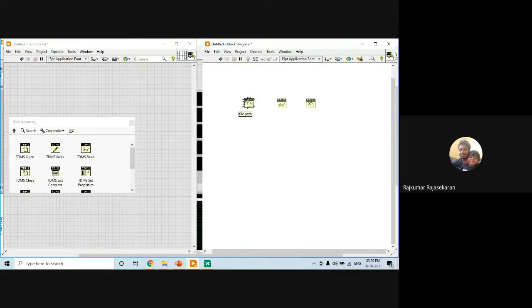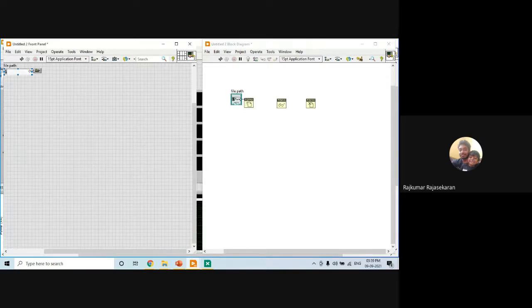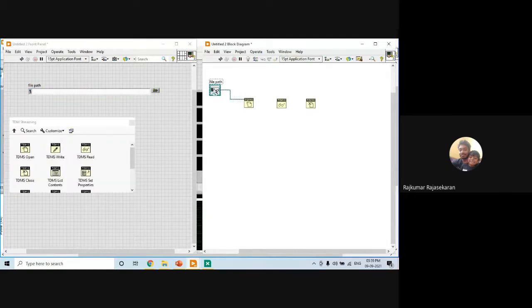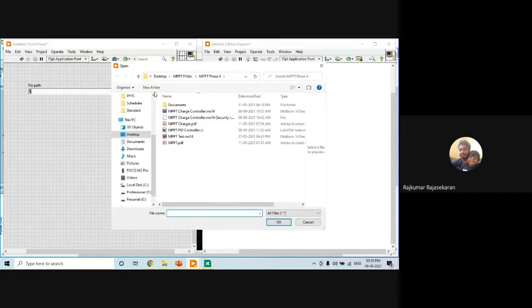What we will give here is the file path, which is available on the hard disk, and that is given as input to this function. So we can browse. I can go to the desktop.